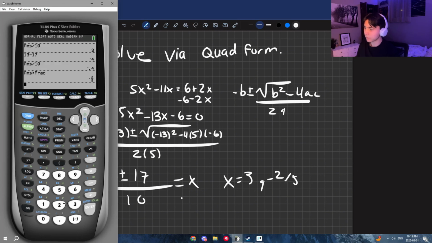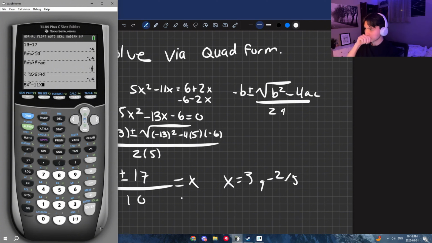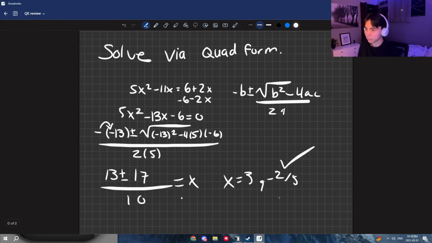So now we can plug in our answers. So we store -2/5 as x, and we should get 5x squared minus 11x, which is the left side of our original equation. And that should give us 6 plus 2x, which is left side equals right side, meaning this solution is correct.